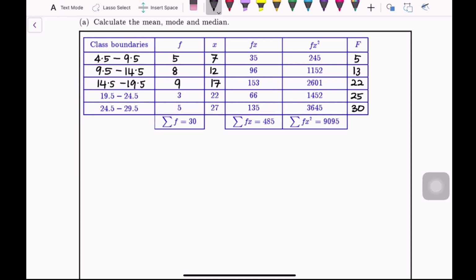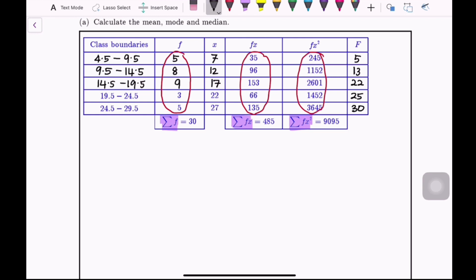After we fill in all the values in the table, now we total up F. So here is sum of F. Then for fx, here is sum of fx. And last one is total up fx squared, we get sum of fx squared.